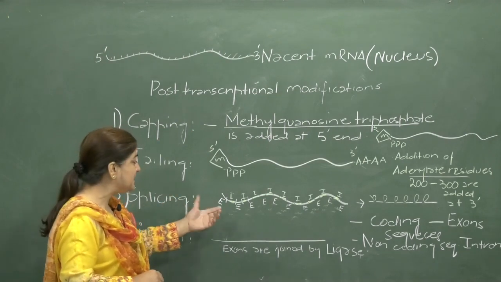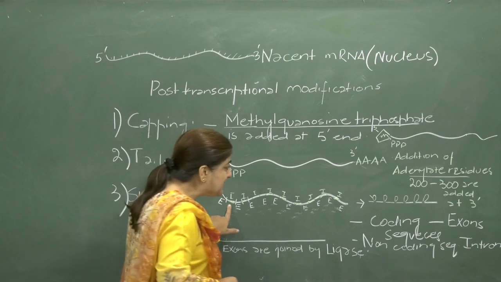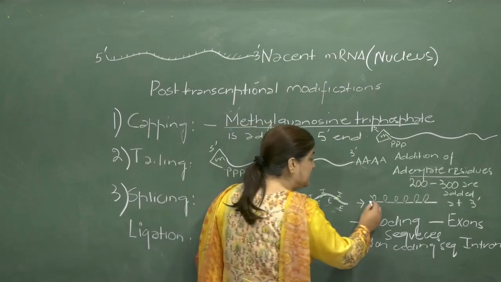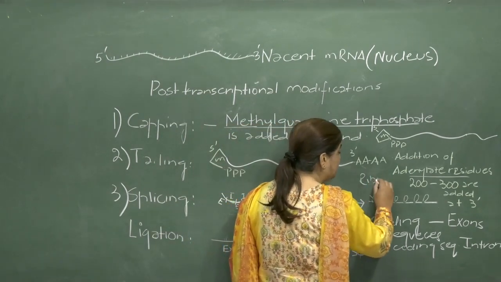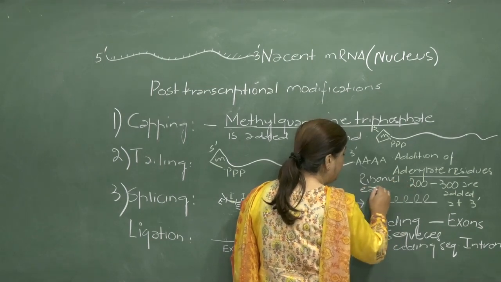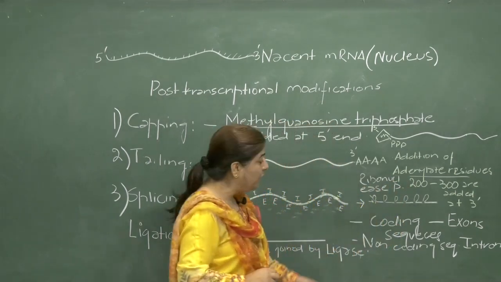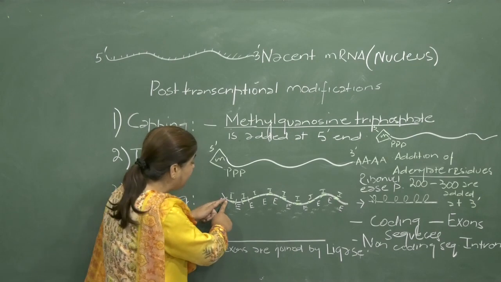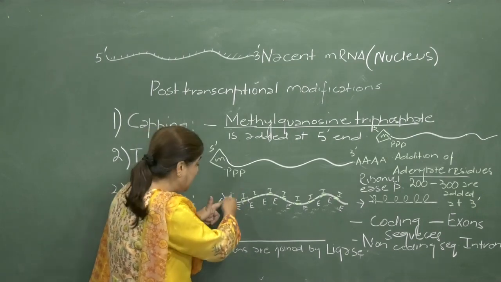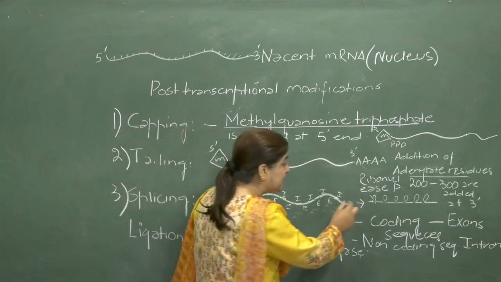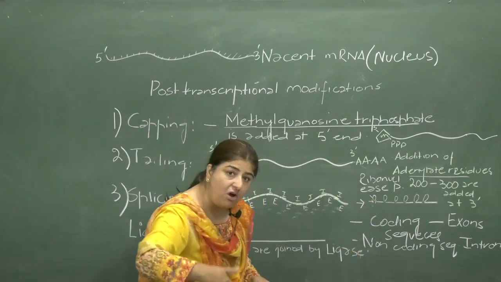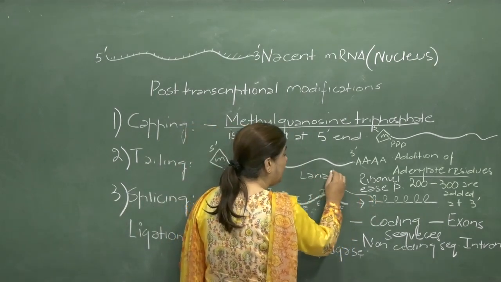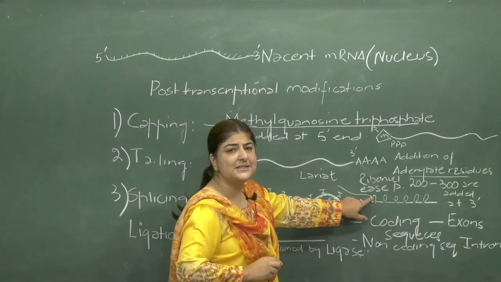What happens in splicing is that these introns, at particular sequences, are acted upon by an enzyme known as ribonuclease P. This ribonuclease P excises these two ends. That means from the beginning of the intron to the ending of the intron, it cleaves these two sides, and the structure of the intron which it forms after cleaving is termed a lariat structure, or we also say a spliceosome is formed.